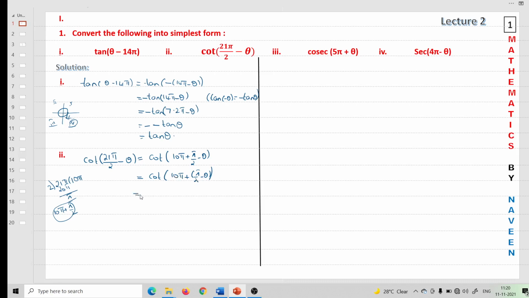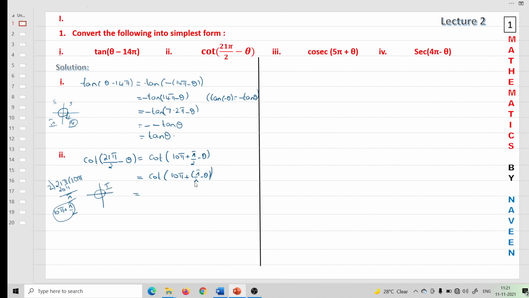That is equals to, see, 10 pi. In a quadrant, 2 pi means complete rotation. Here 10 pi can be written as 5 into 2 pi, right? So 5 times complete rotation is completed. Then plus is there, meaning theta is in the first quadrant.